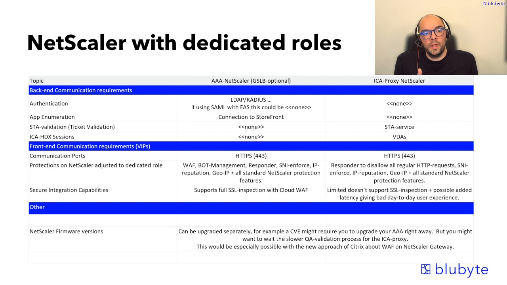And since most Citrix customers have kind of unlimited NetScaler instances in their licenses, it's not a worry for many customers anymore how many NetScalers we are deploying. A little bit more doesn't harm if you can add additional security features.